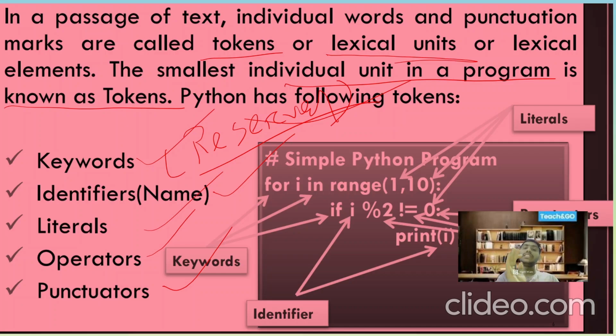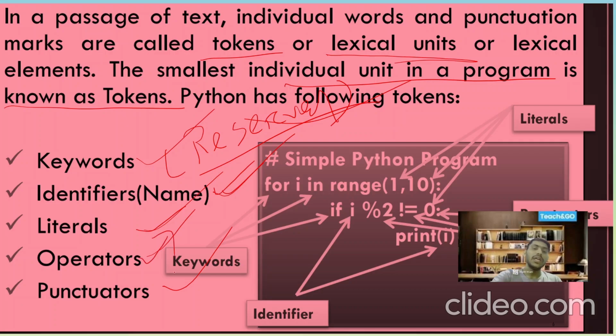It has fixed uses given by the programming language only. Identifiers are the names given to different parts of the program. Literals are different types of values, integer value, string value, character value, whatever we are using; it is called a literal, string literal, number literal.